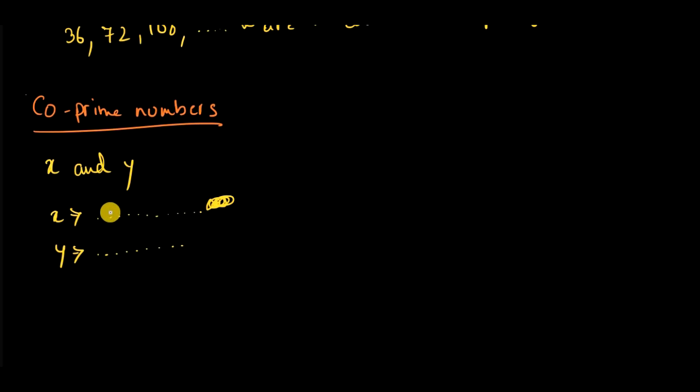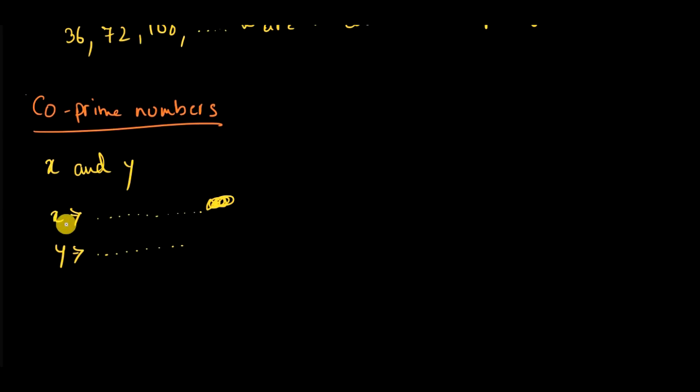So the common factors will be those numbers which are present in both x and y, right? These are the factors of x, these are the factors of y. Coprime numbers are those which have only 1 as a common factor.